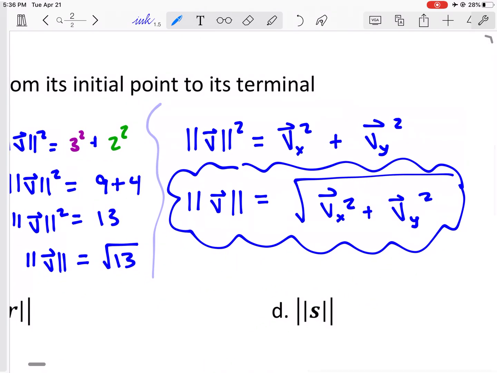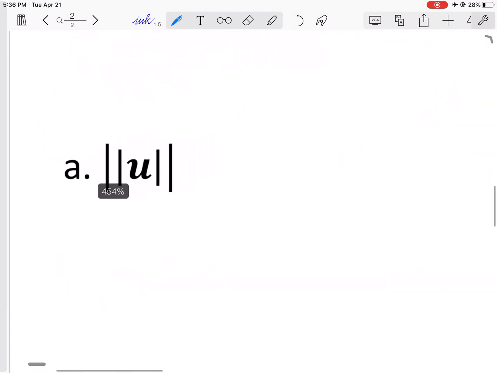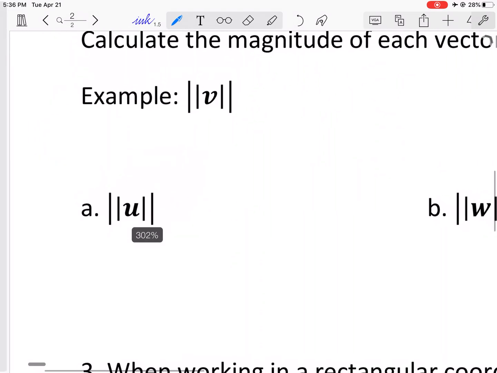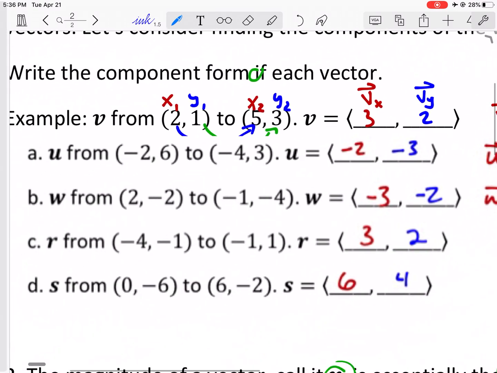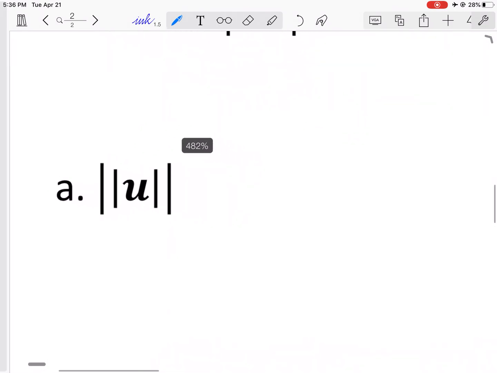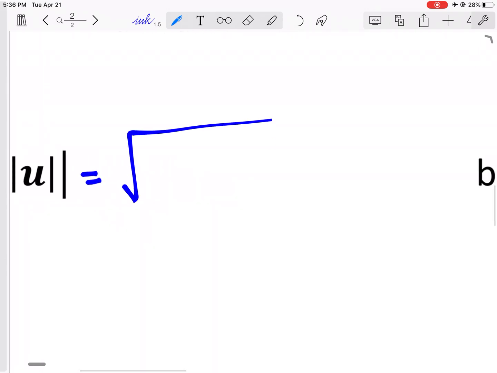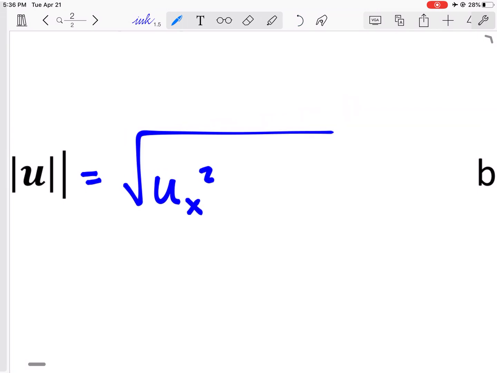Let's put that to use real quick. Take u. We know it has a horizontal component of -2 and a vertical component of -3. So to find its magnitude, it should really just be the square root of the horizontal component squared plus the vertical component squared.